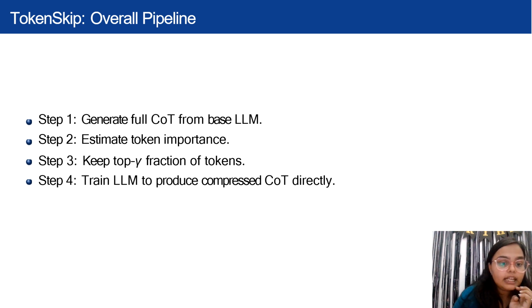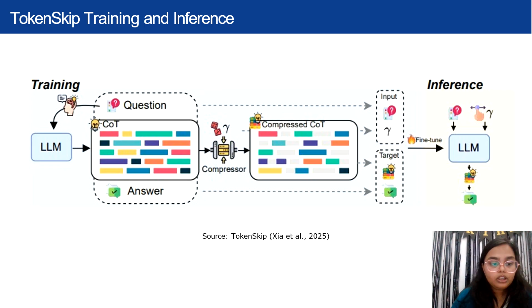We select the compression ratio as gamma and prune or delete the tokens that are not important according to the percentage of gamma. Crucially, we then fine tune the LLM on the compressed or shortened data, and the goal is to teach the model to output these compressed versions natively.